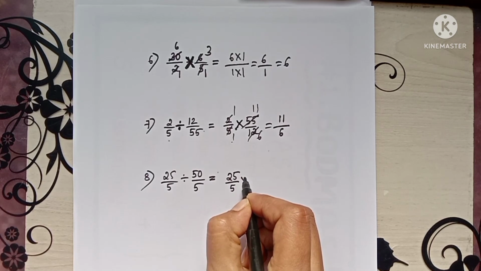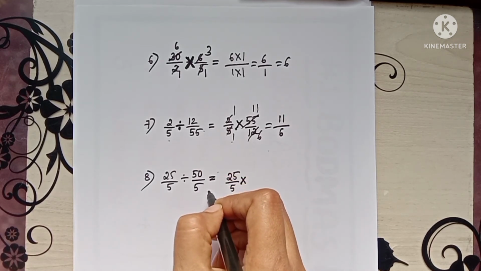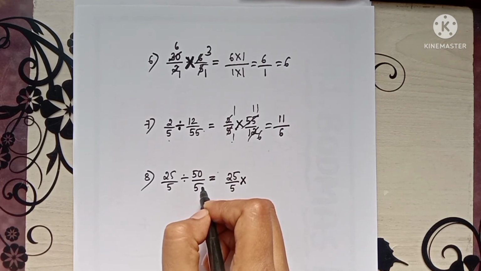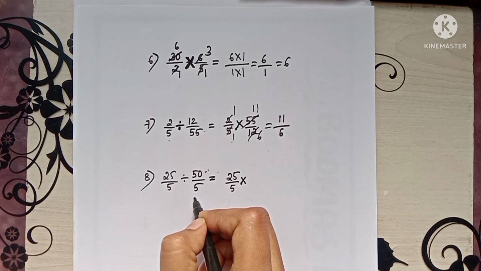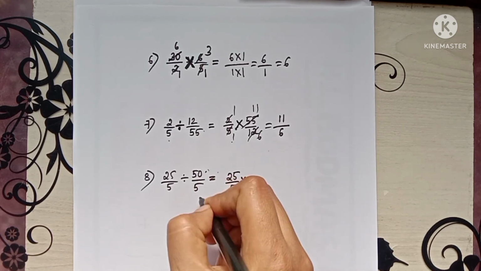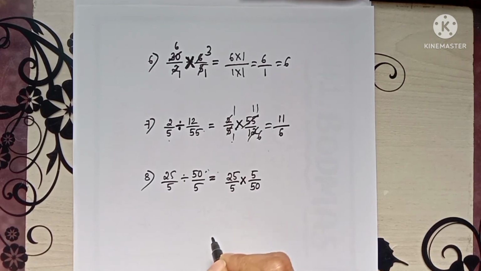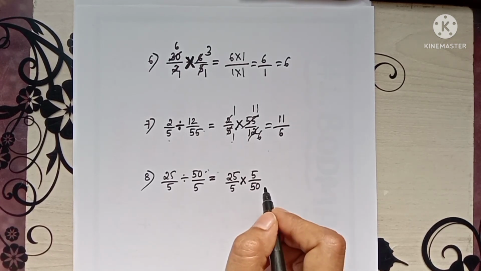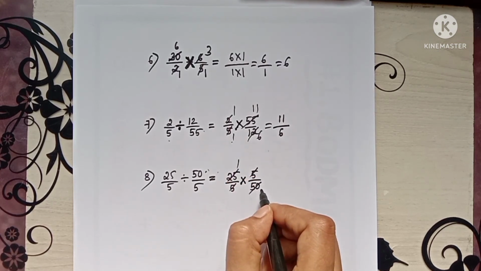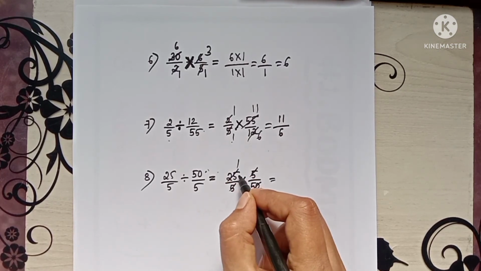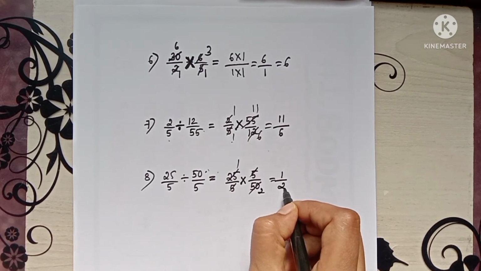We have to write the multiplication sign and this will reverse, means 5 will come to the numerator and 50 will come to the denominator, that is reciprocal, that is 5 divided by 50. Now can we solve? Yeah, 5 gets cancelled. 25 ones are 25, 25 twos are 50. So 1 into 1 is 1. Here 1 into 2 is 2.